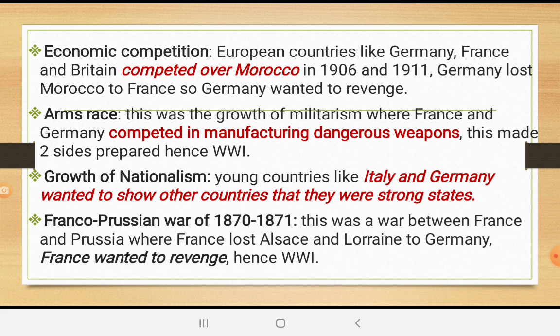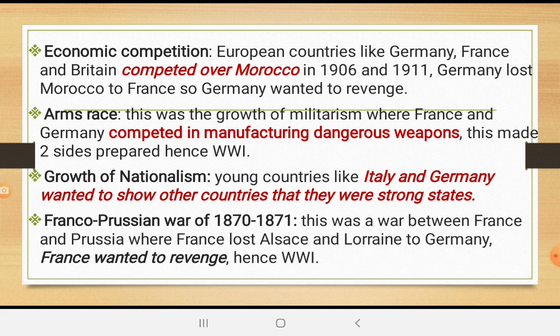But even if they are young, their leaders wanted to show other countries that they were strong states, especially Germany. Germany wanted to prove that it is one among strong states. Proving the strength of this state is through aggression and fighting, hence First World War.